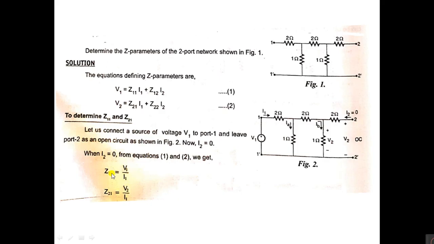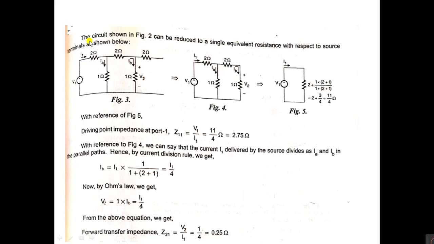Right? To find Z11 and Z21, we need to make I2 equal to 0. So to find Z11, V1 by I1 is enough for me. If I make I2 0 and connect V1 here, anyway this I2 is 0. My requirement is that the calculation of V1 and I1 is enough.